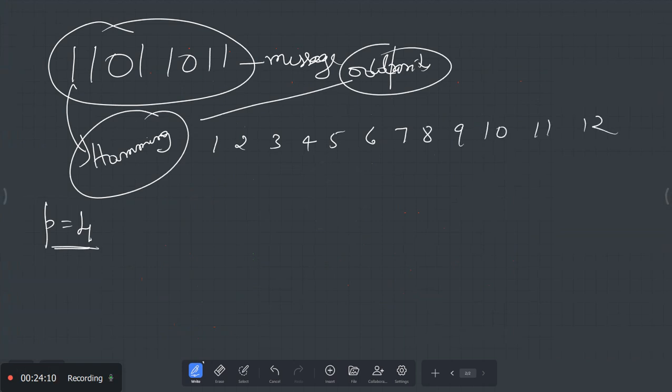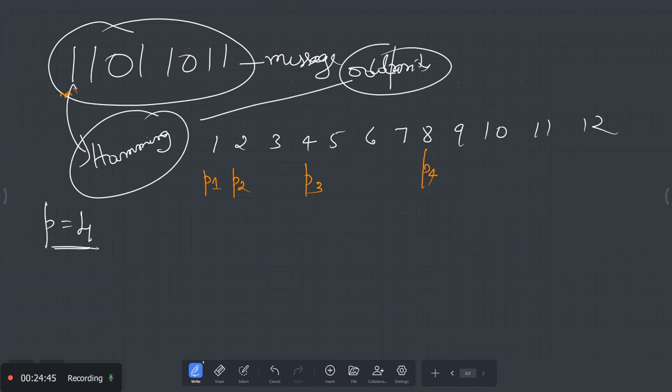Can you tell me where the parity bits will come? First parity bit will come here, right? Next parity bit will be here, P2. Where will the next parity bit be? P3. Then P4 here. Where will the message bits come?